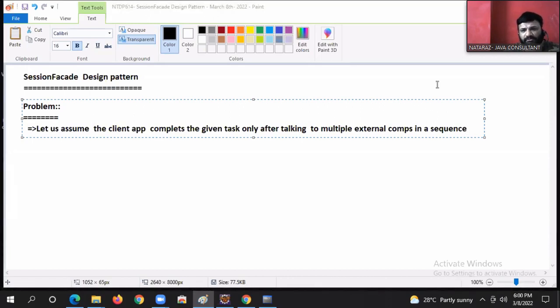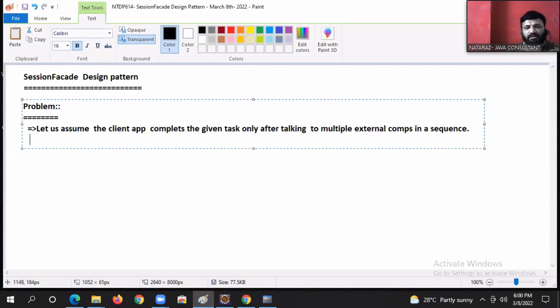In a sequence. Then that communication diagram looks like this, having multiple network round trips.